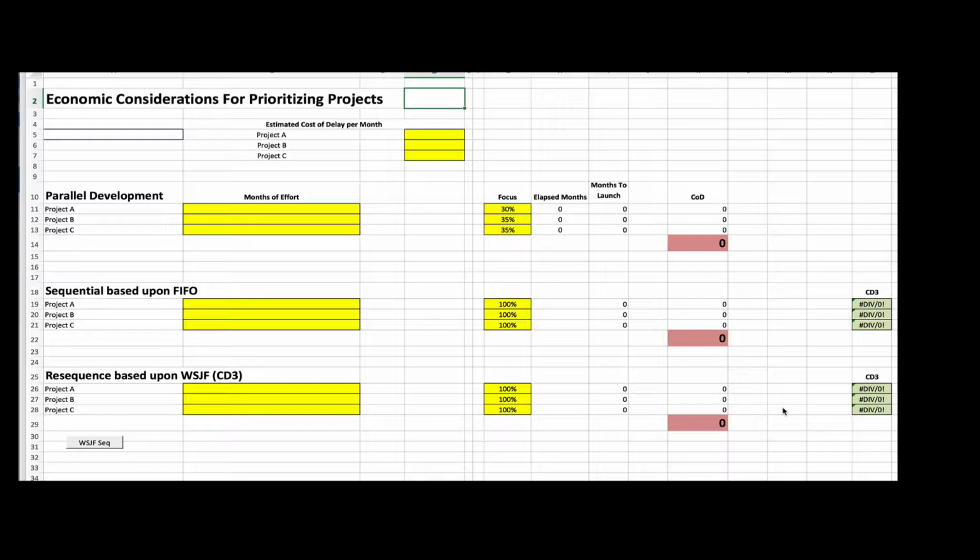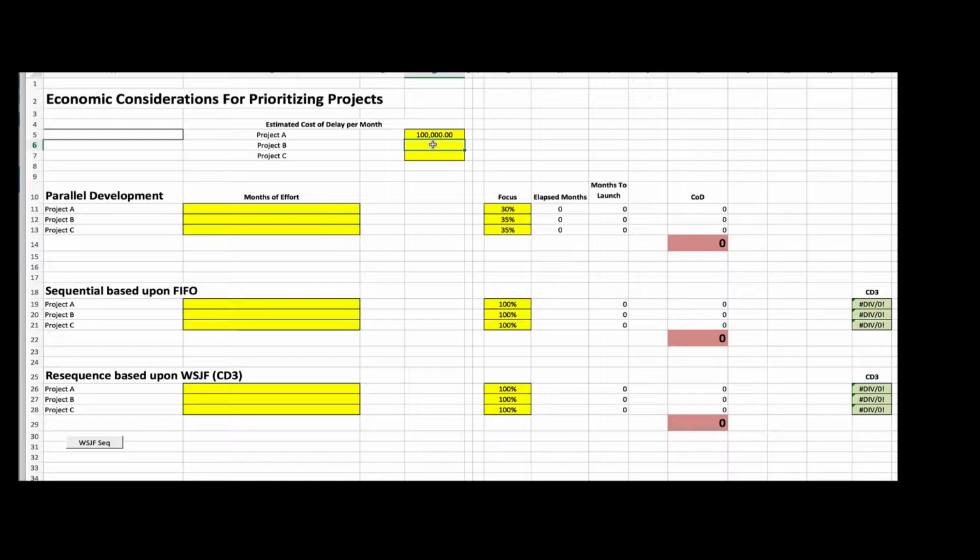Here we have three projects, Project A, Project B, Project C, that have arrived for prioritization in this particular sequence. And we already have some estimates as to the cost of delay for each of these projects. Project A, we're estimating to be $100,000 per month.